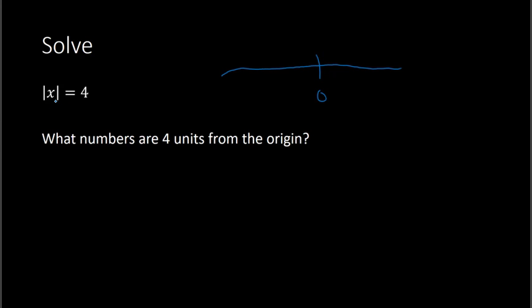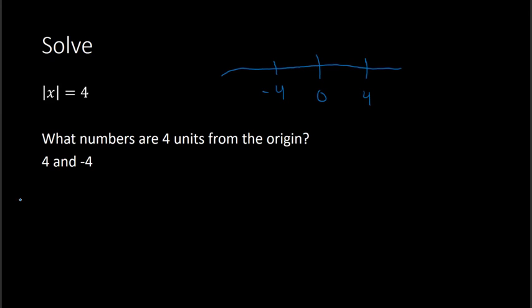So which numbers have a distance of 4? Well, if I go over here, +4, that would be 4 away from 0. So that would work. But on the other side, we could also have -4, because that is also 4 away from 0. So my answers would be +4 and -4.